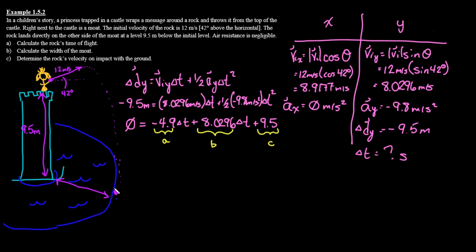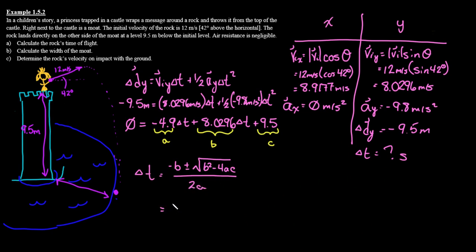So the quadratic equation says that time is going to be equal to negative b plus or minus the square root of b squared minus 4ac, all over 2 times a.